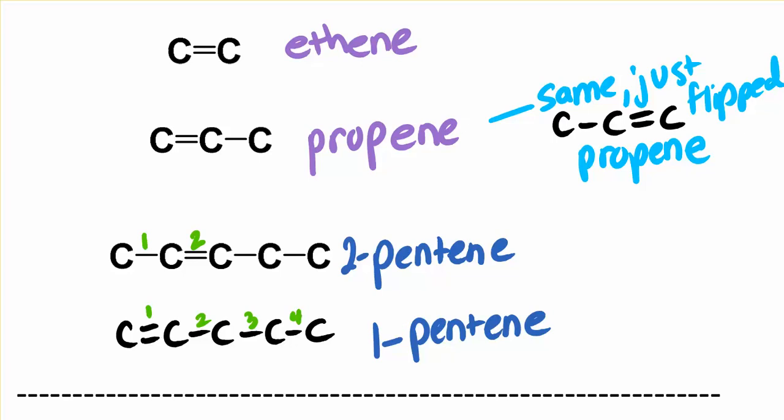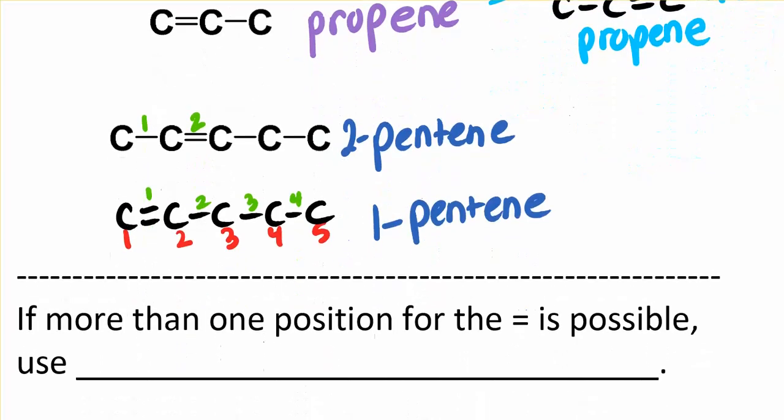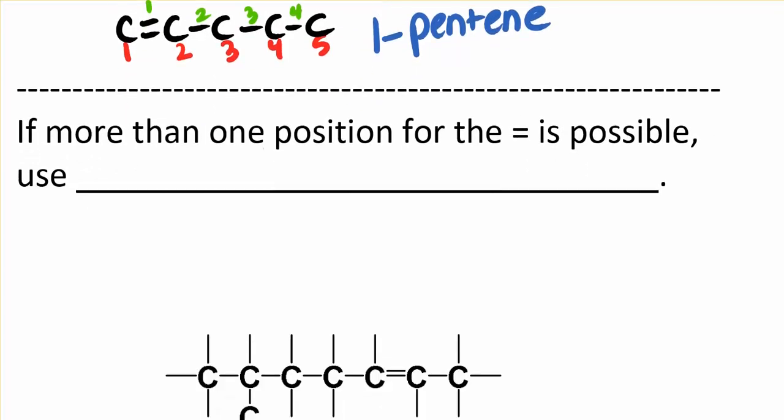And by the way, when you number them this way, that sets up the numbering for the carbon atoms as well. This is carbon 1 and carbon 2, and so on. So it doesn't even matter if I have some branches over here. I'm going to number from the end that's closer to the double bond. Let's try one.